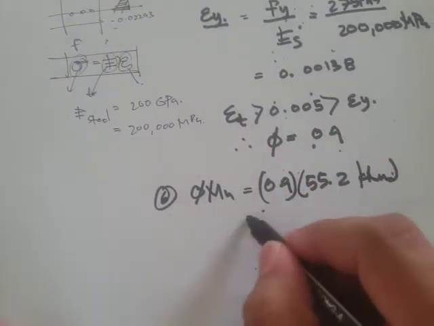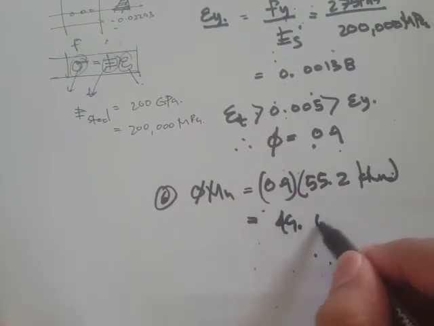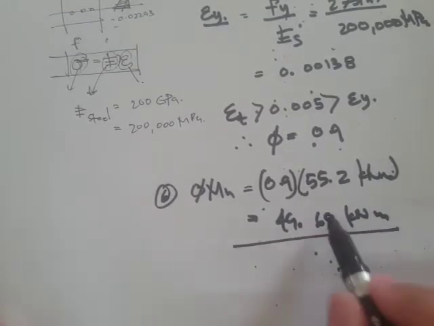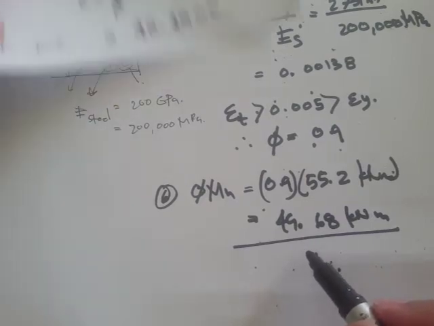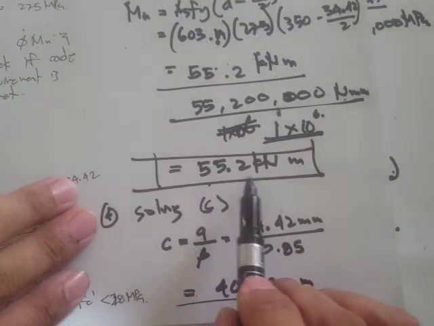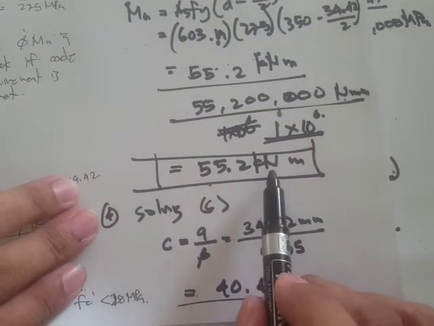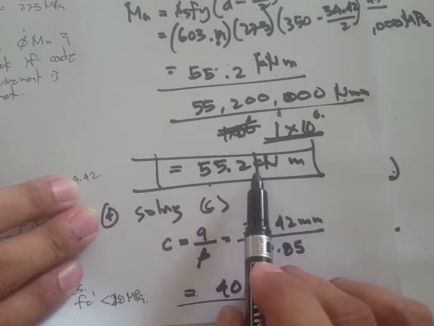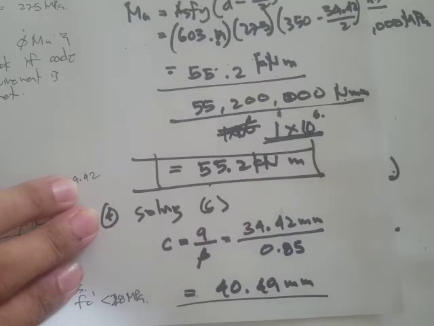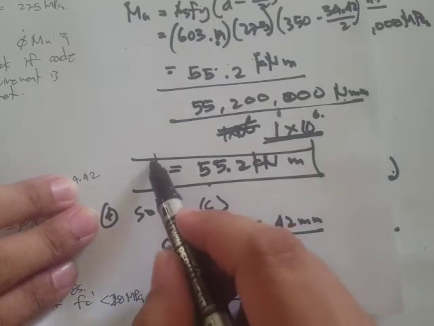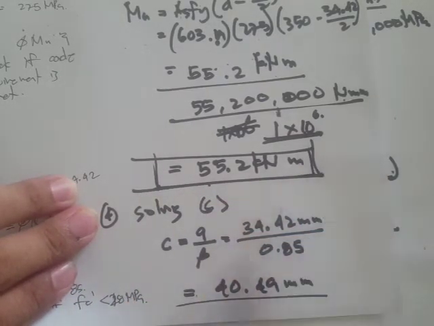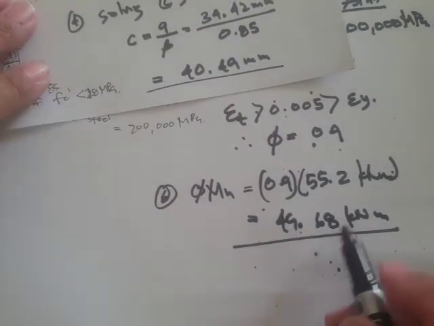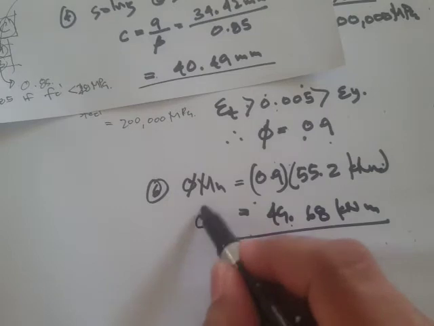If you solve that, you get 49.68 kilonewton meters. This is a reduced value. Instead of using 55.2 kilonewton meters in the design, we're reducing it because of the uncertainties in the strength or the properties of the materials. So we have 49.68. So that's it.